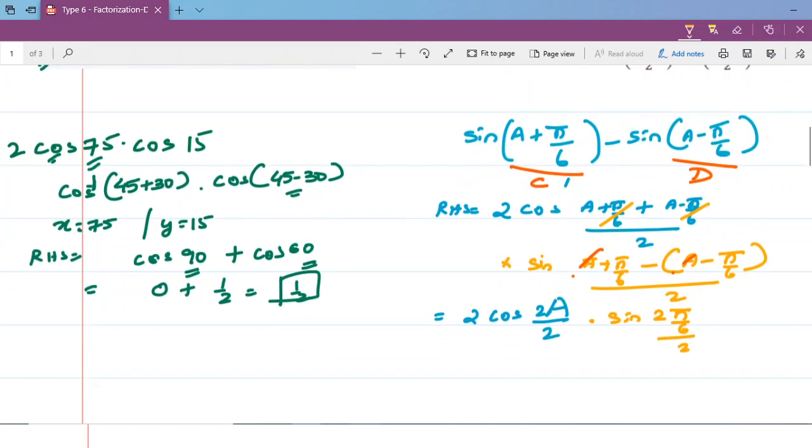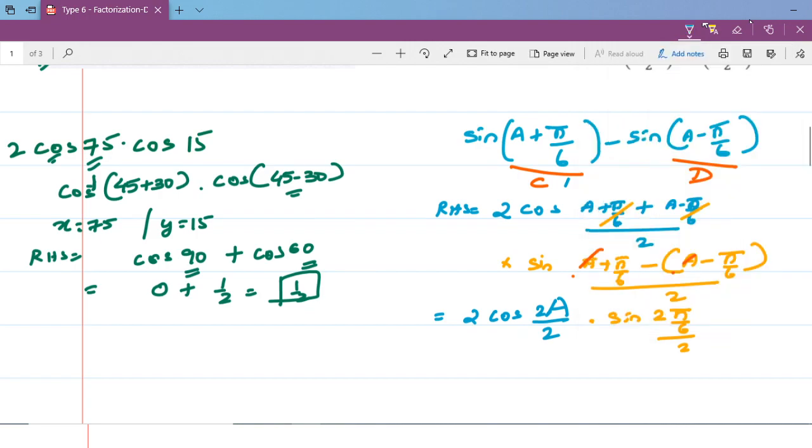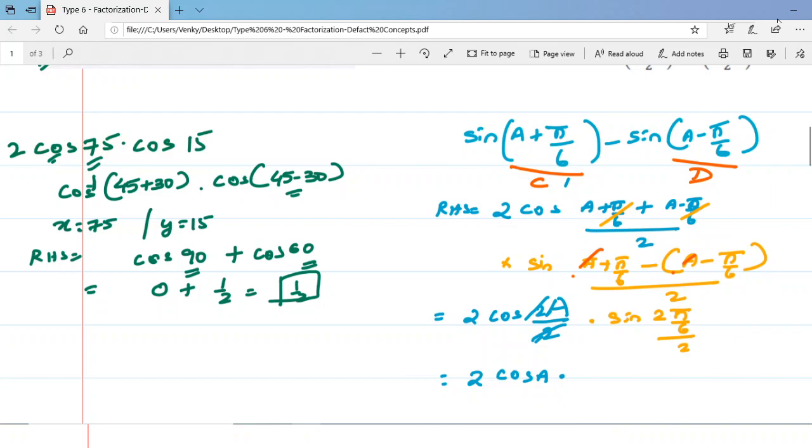So if I simplify this again, what I get is, twice this 2 and 2, this gets cancelled, this gets cancelled, right? So I get 2 of cos A into... okay, so what do you get?